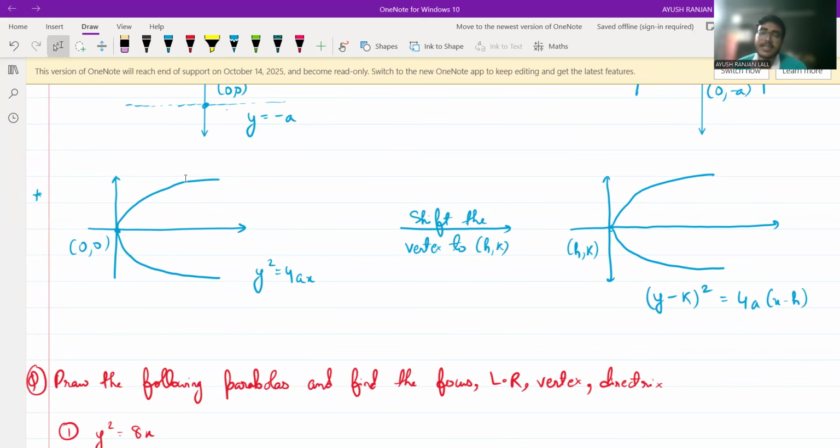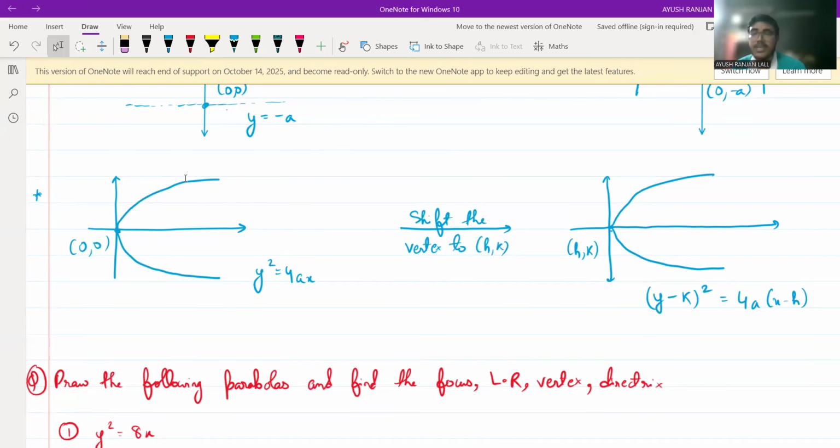If I say 0 comma 0 and 5 comma 5 are at a distance of 5 root 2, and now I have shifted 0 comma 0 to 4 comma 4, the distance between 4 comma 4 and 5 comma 5 is root 2. So the distance is the same if you consider 4 comma 4 as the new origin; the new 5 comma 5 will behave like 1 comma 1.